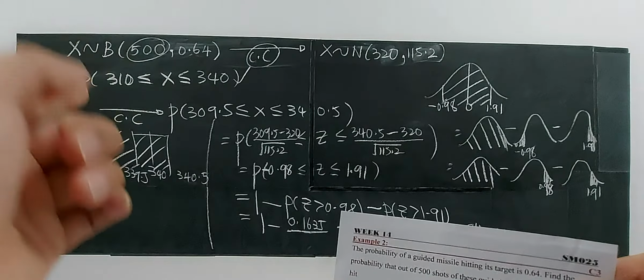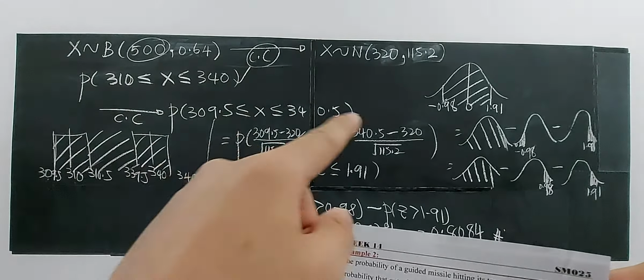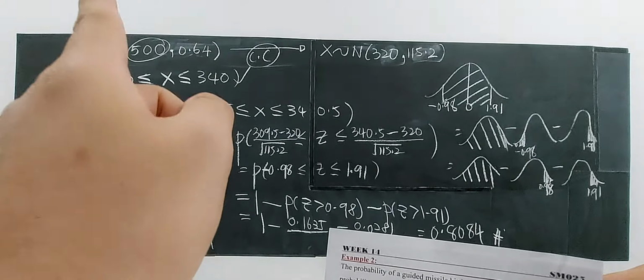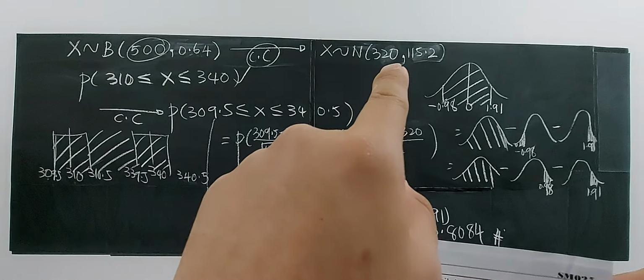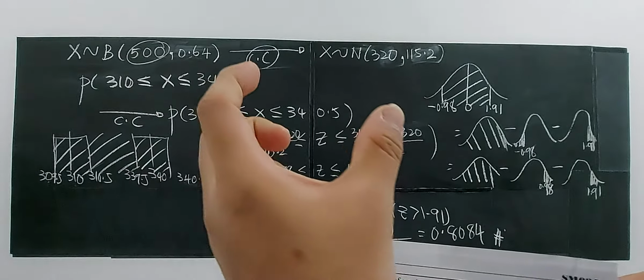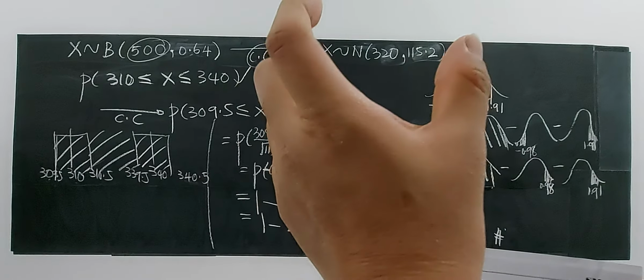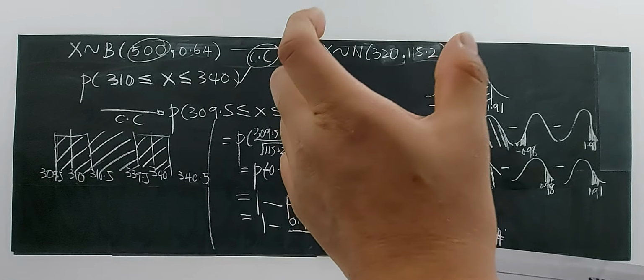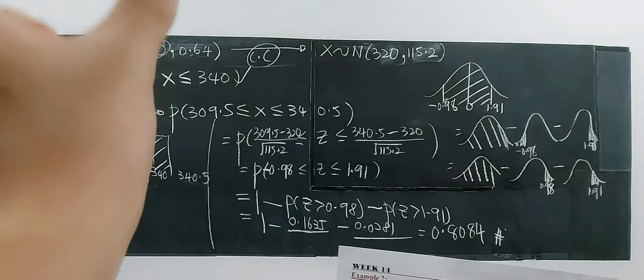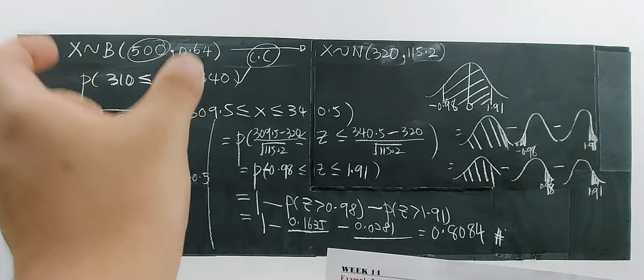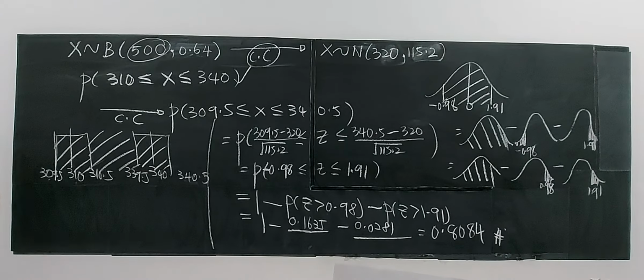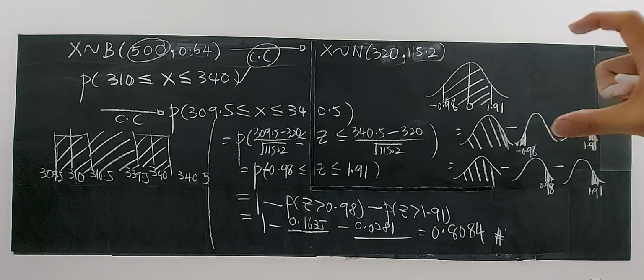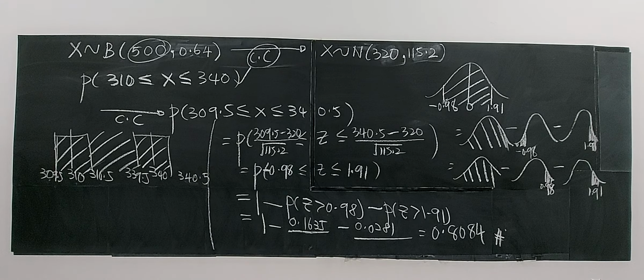For example, in this case I transform it from discrete to continuous, or what is called normal approximation, using the normal distribution as an approximation for the binomial distribution. But there is a condition. Try to play back the video again, I stated a condition there. All right, that's all for this video.